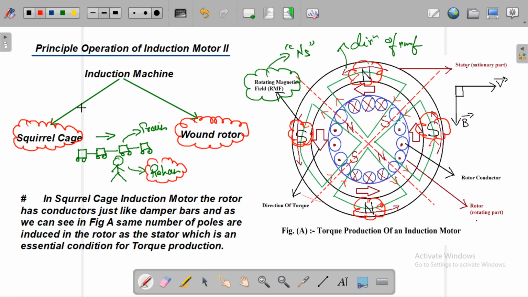So what we are trying to say is, if the RMF, or rotating magnetic field, rotates in the anti-clockwise direction with respect to the rotor conductor, and when we assume that the rotating magnetic field is stationary for some moment, it means that the rotor conductor is rotating in the opposite direction of the rotating magnetic field with respect to the rotating magnetic field.